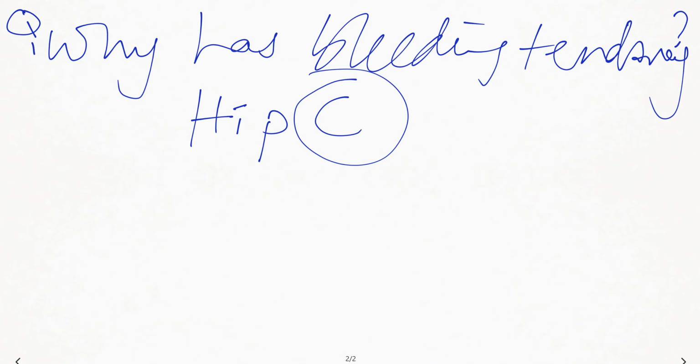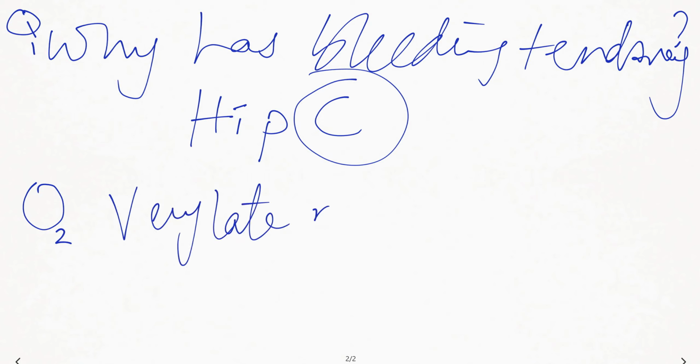In this part you will be asked another question, and this question will be: what are the very late manifestations of hepatitis C? If you know the first answer, you will know the second answer.